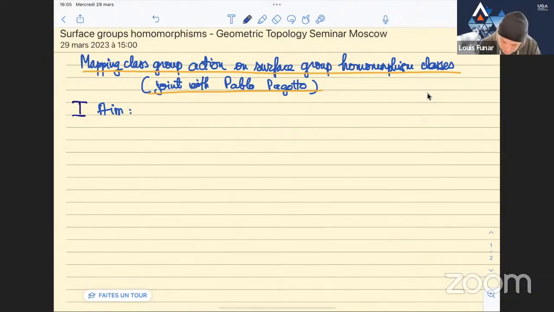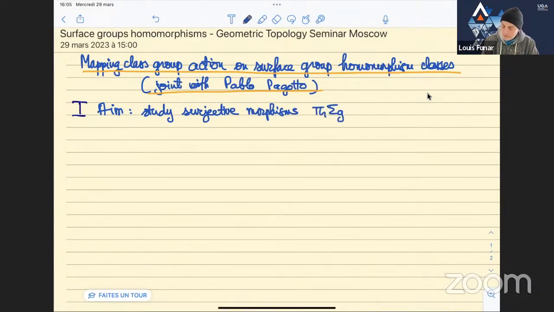So the aim is to study some surjective homomorphisms, surjective morphisms from a surface group, pi1 of sigma g. Generally speaking, g is at least 2, but sometimes you don't really need this, but for obvious reasons.